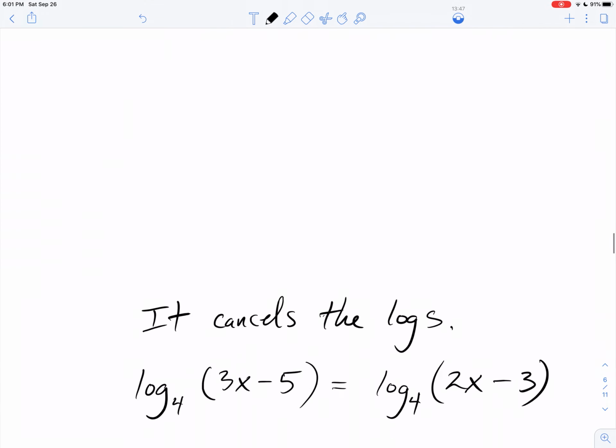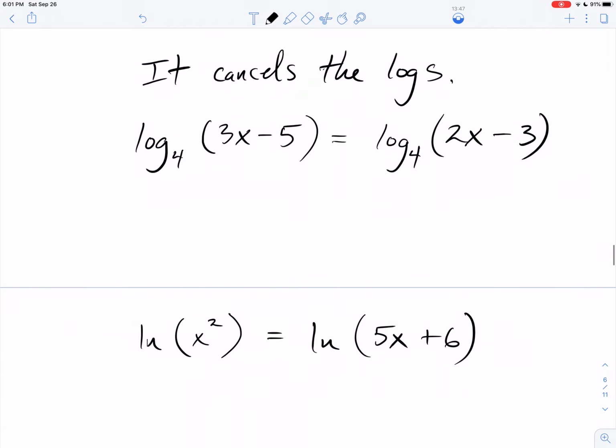Why? Because it cancels the logs. That's why. Let's take a look at these two examples here. Hey, if I said base stays the base, flip-flop, both of these guys have a base. See, you can't just convert stuff then. But guess what? We got an easy peasy solution to this. As long as you do the same exact thing to both sides of an equation, you're not really changing it.